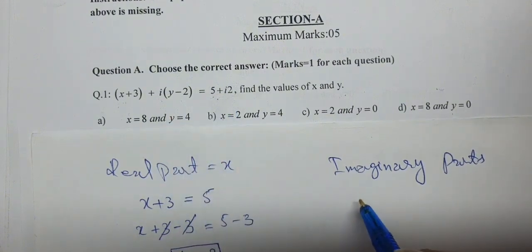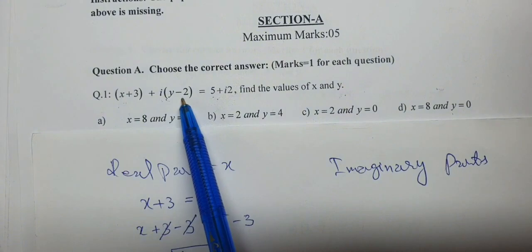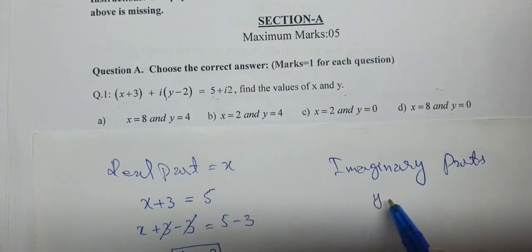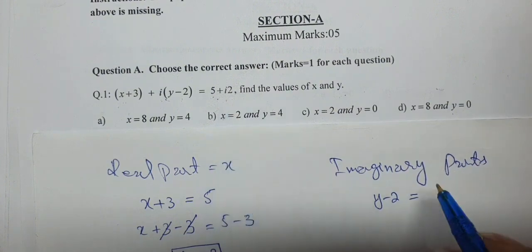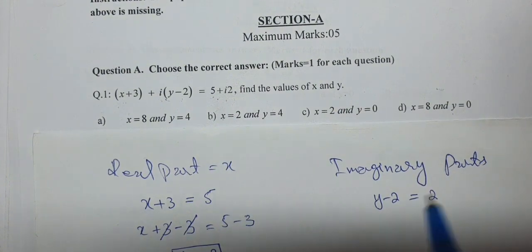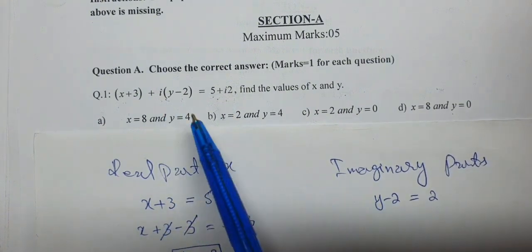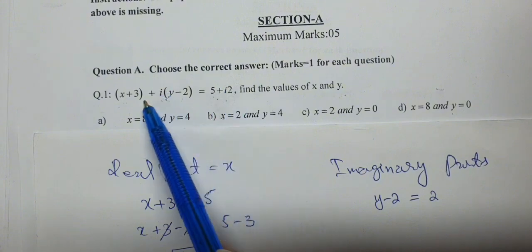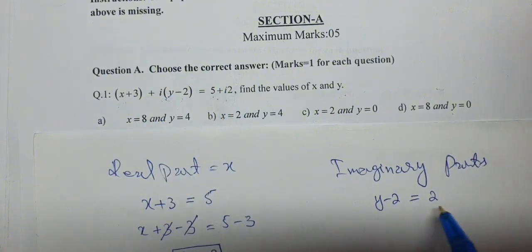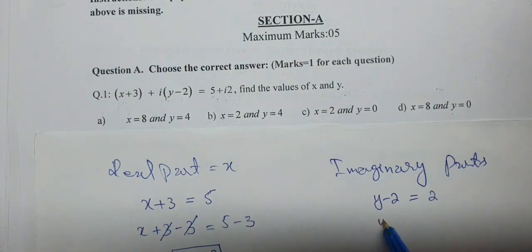So we will have the imaginary part y - 2 equal to ι2. It doesn't matter whether we write this iota on each side or not, because eventually it will be cancelled out from each side. So we will be left with the same equation.